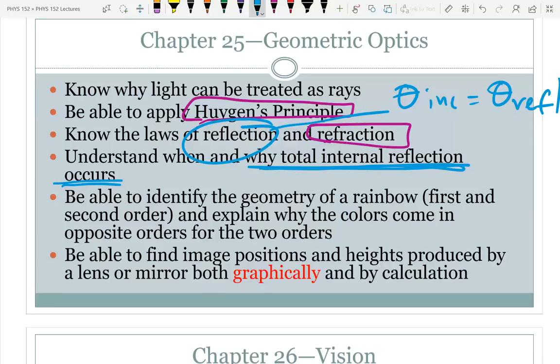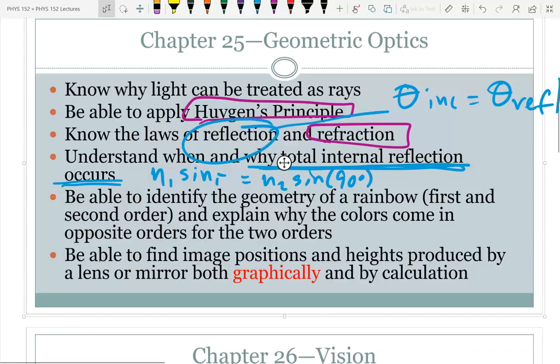So you can always find the critical angle just by saying n1 sine theta 1 equals n2 sine of 90 degrees, and instead of theta 1, I'll put theta critical. That's not a C either. That's how we define the critical angle.